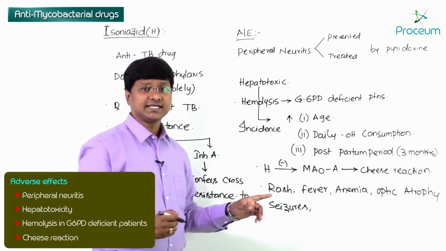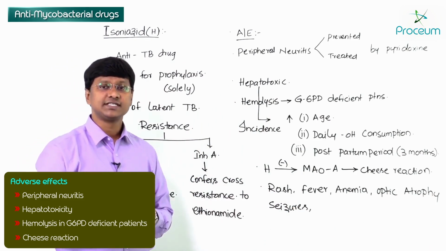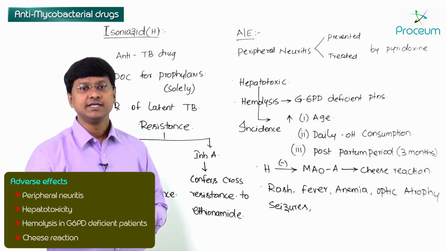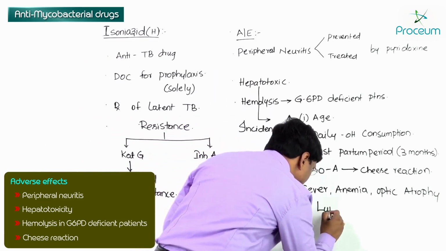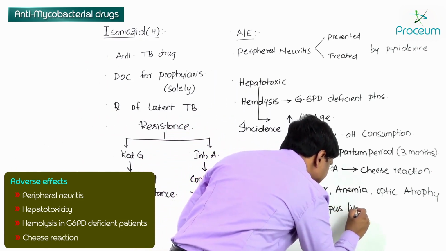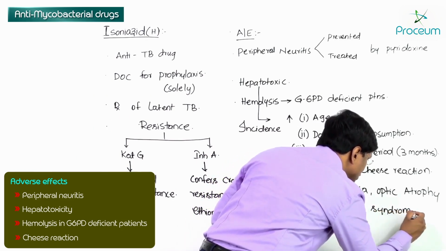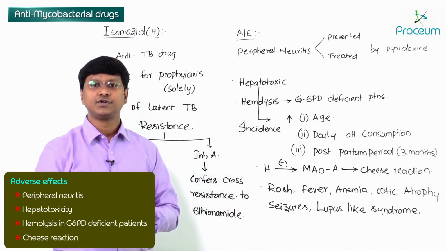Now, isoniazid is metabolized by acetylation, and the slow acetylators develop a very important adverse effect, that is lupus-like syndrome, because in slow acetylators there is development of toxicity.